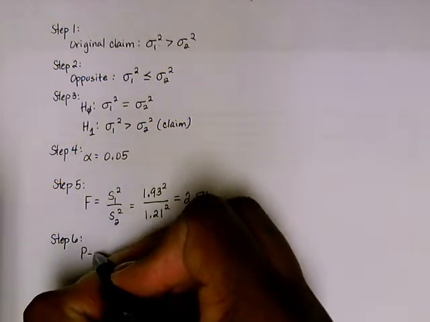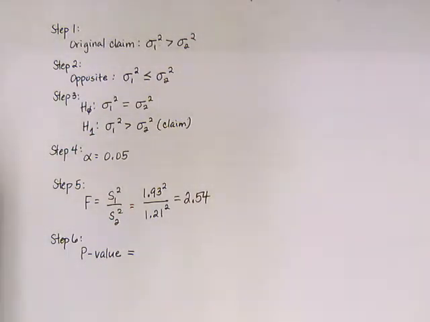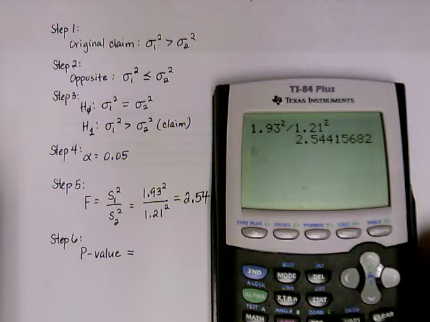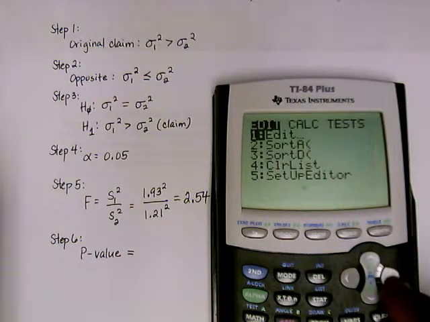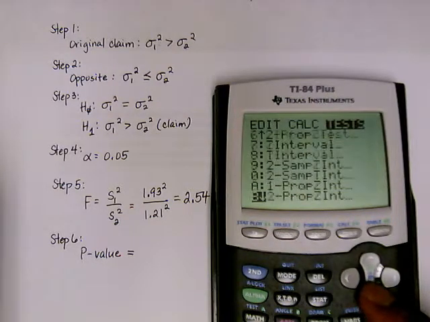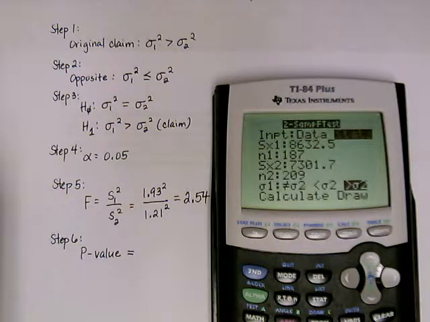Now step number 6 is calculating the p-value. And we're going to use our graphing calculator for this one as well. So if we press the stat key, right arrow to test, push the down arrow key to find 2-SampFTest, which is this menu item here, and then press enter.